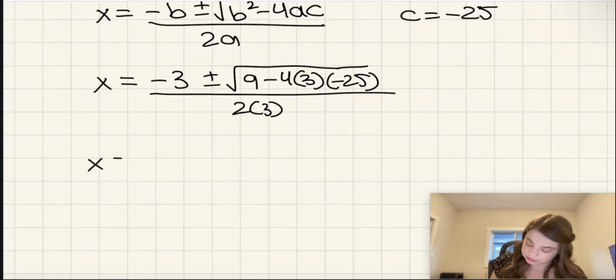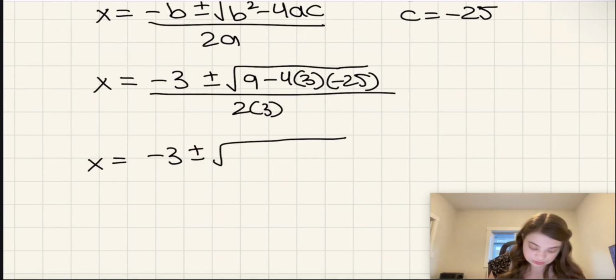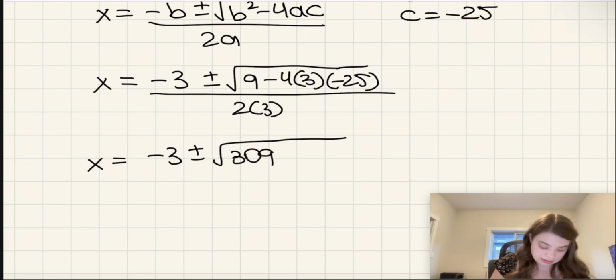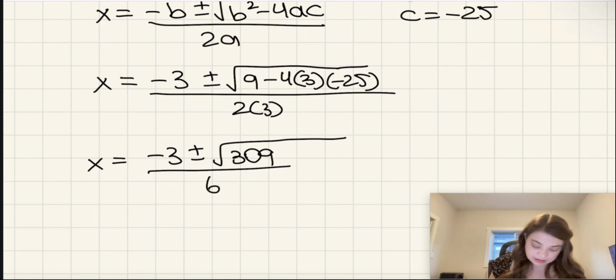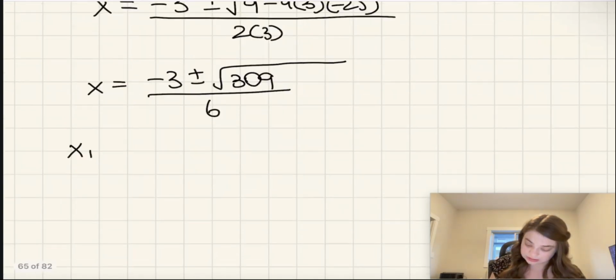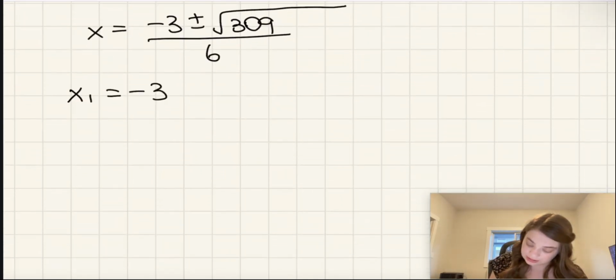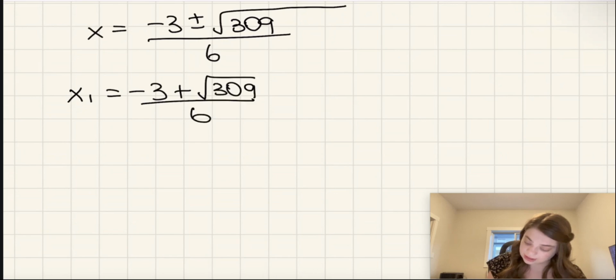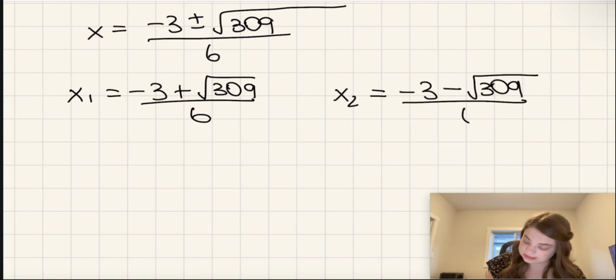And that is equal to negative 3 plus or minus the square root of 9 plus 300, so 309, all over 6. And so there's two solutions, right? We have x1 is going to be equal to negative 3 plus the square root of 309 over 6. x2 is equal to negative 3 minus the square root of 309 over 6.